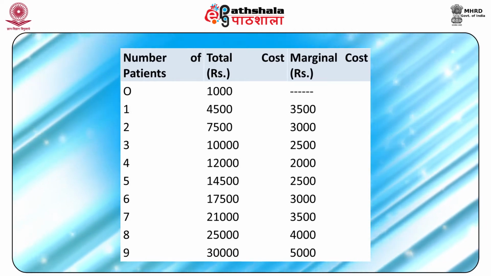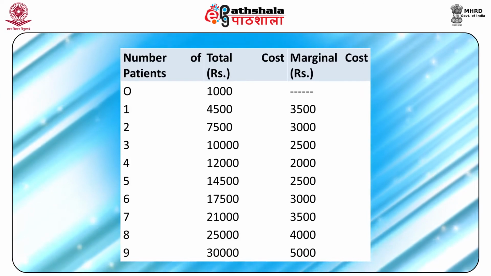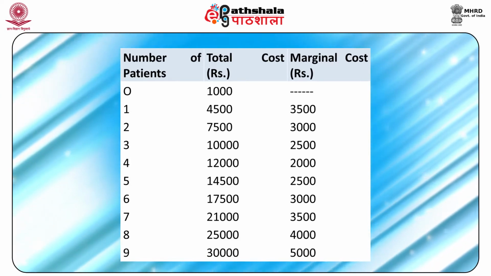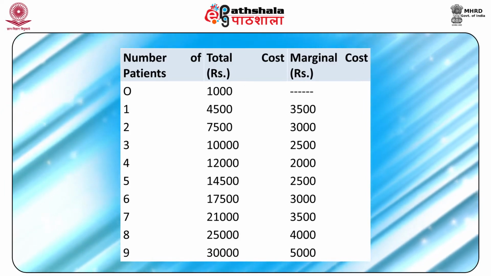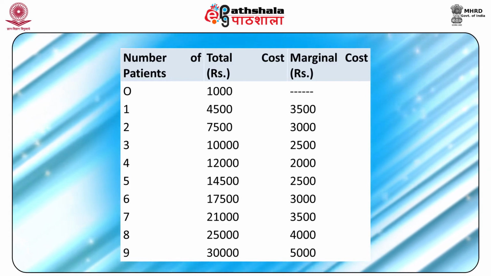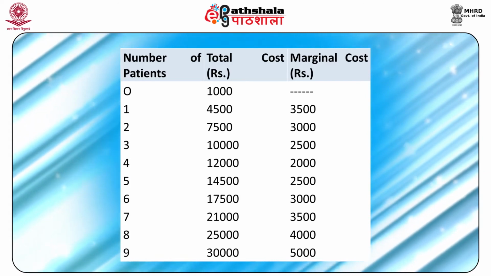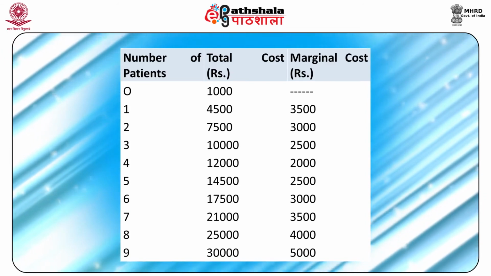Now let us illustrate using an example of a firm M, which is a healthcare provider. A healthcare provider can be assumed to be a perfectly competitive market structure. Given below is the cost schedule for the firm.